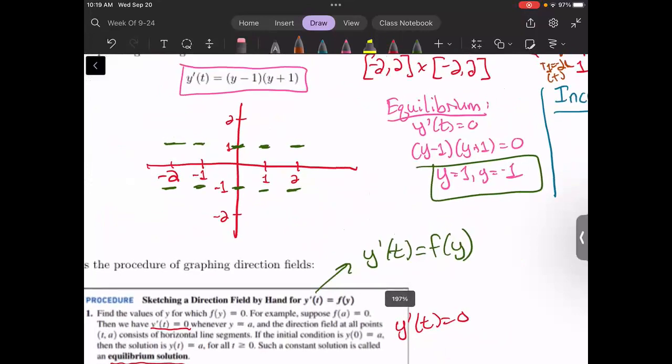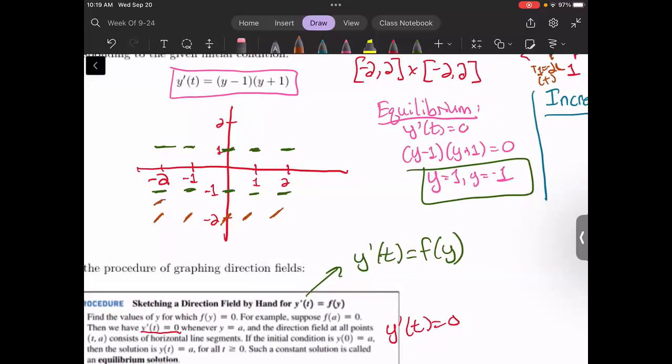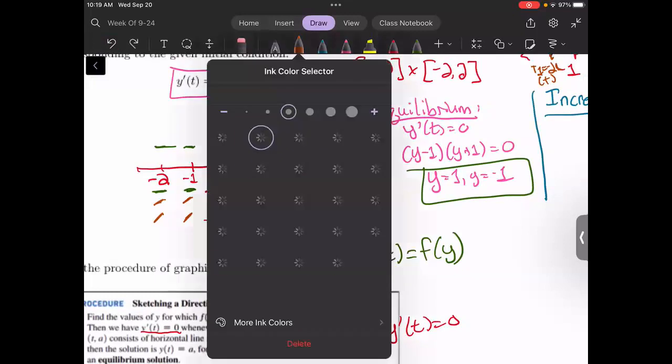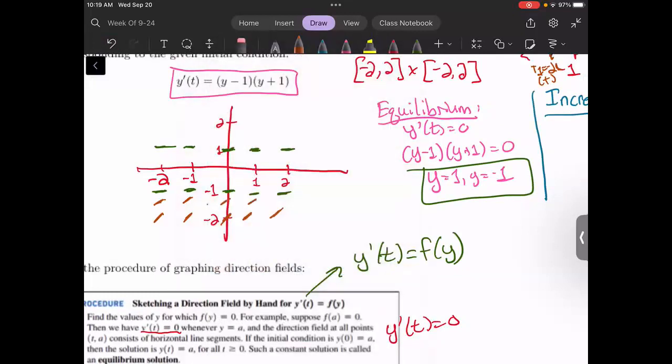So with values that are closer to -1, we'll have tangent lines that have positive dashed slopes like this. And once we get closer, our dashed lines are going to get much flatter. So like this. And once we move away from -1, it will be steeper. It's like this. And like this. Okay?